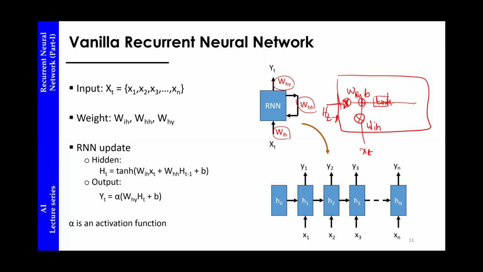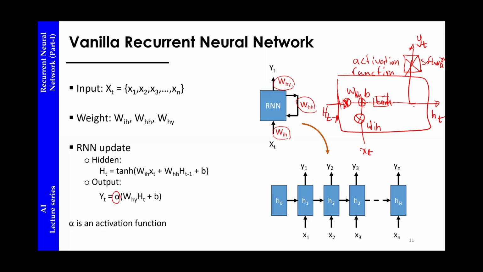And here we have two outputs. One output goes to the next hidden layer, which we can show by HT, and the other output goes to Y. We can show it by YT, and here we should have another activation function, like softmax, for example. This activation function here is shown with alpha.